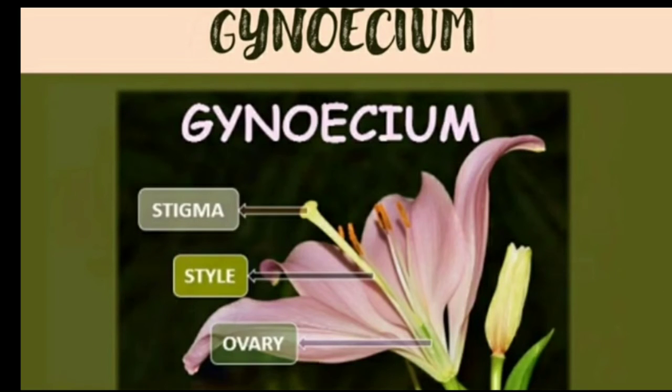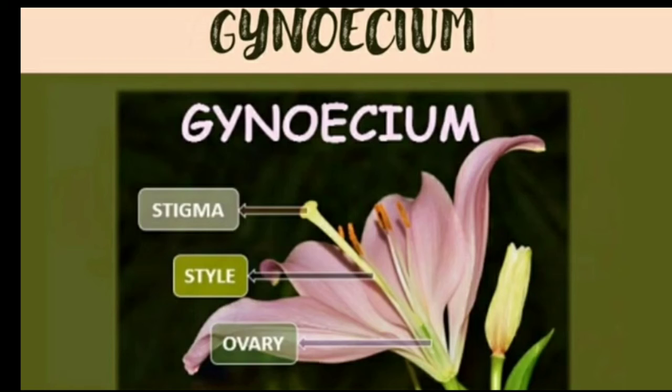Now the next is gynoecium. Gynoecium is the female reproductive part of a flower, and it is made up of carpels. So what does a carpel consist of? It consists of a stigma, a style and an ovary. You can see in the picture the stigma, it is at the tip.